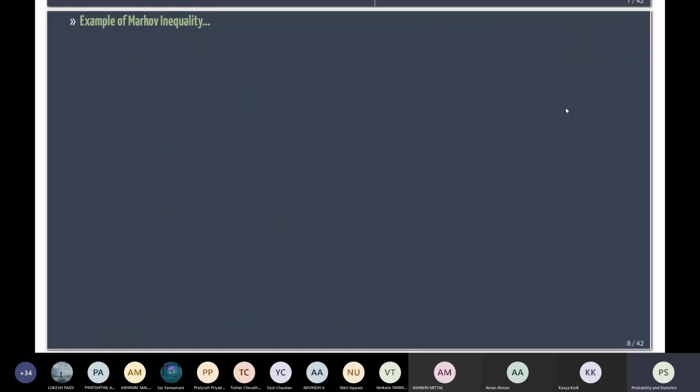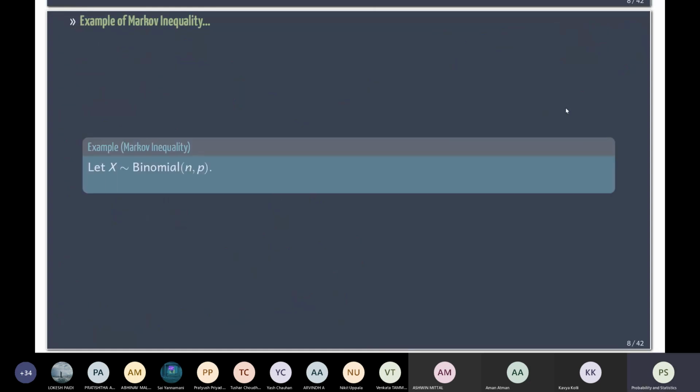Okay, now what are the examples of Markov inequality? Let us see how we can employ it. Let x be a binomial with n trials, where the probability of obtaining a head is p.